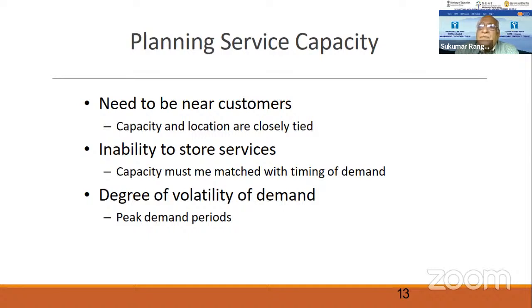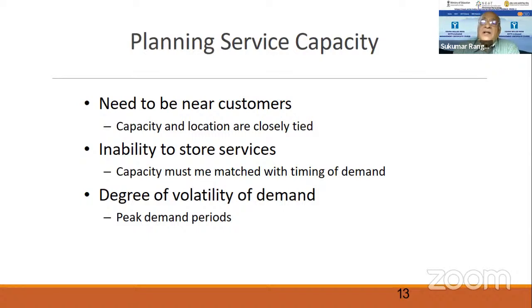At the point of consumption, that is where the services need to be provided. Given the inability to store services, as we said, it cannot be inventory, capacity must match the demand that is needed. Suppose, let us say, during lunchtime there is a demand from 100 customers.